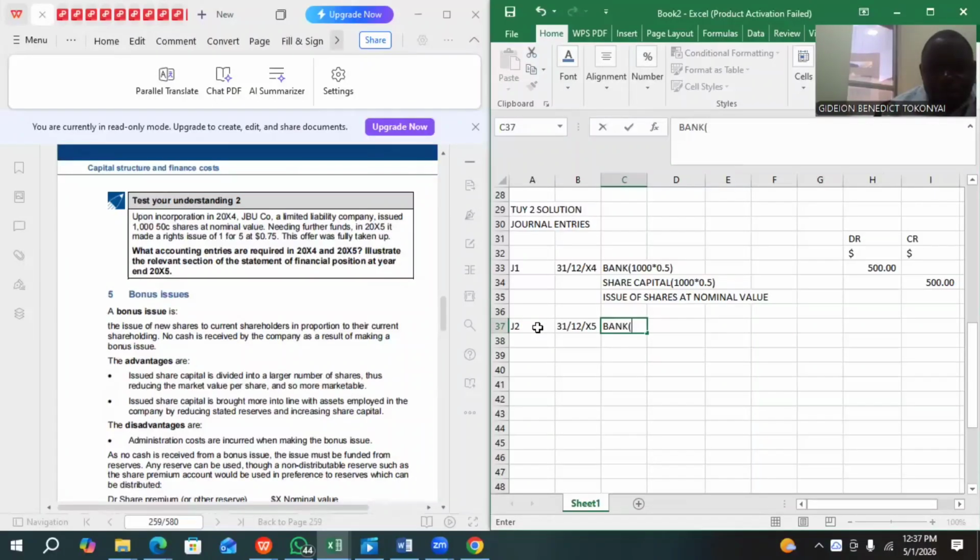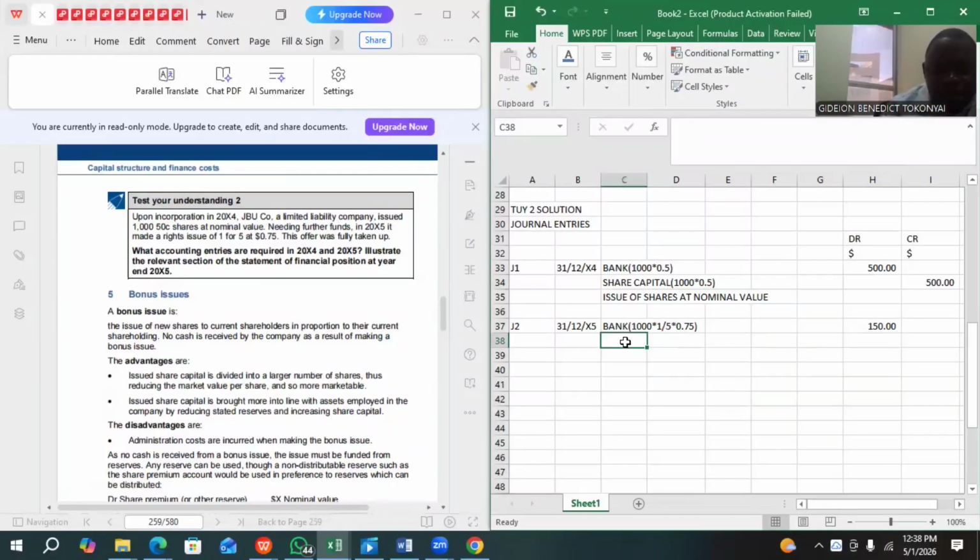How many shares were in issue? 1,000 shares, multiplied by the share proportion of 1/5, then multiplied by the issue price of $0.75. We calculate the amount: 1,000 multiplied by 1/5, multiplied by 0.75. That is the amount, 150.